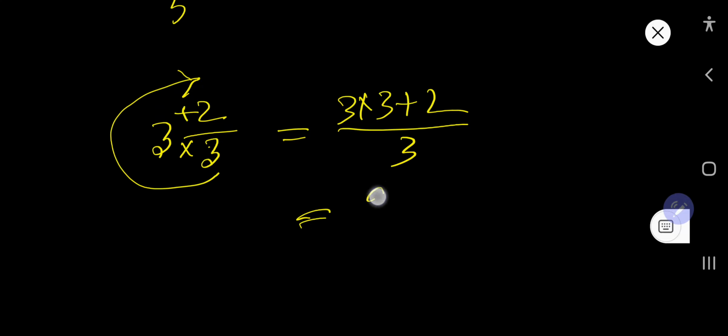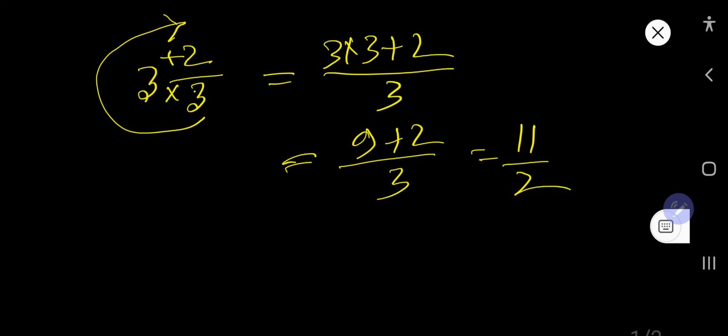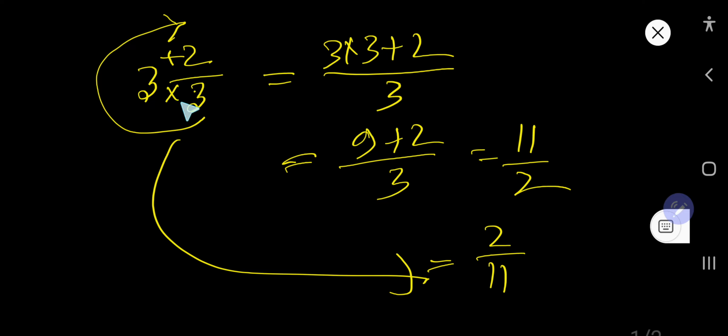So 3 times 3 is 9, plus 2, divided by 3. So 11 over 3. So this is the improper fraction of this mixed fraction. Now to find the reciprocal of this fraction, you need to flip this fraction: 3 over 11. The reciprocal of this mixed fraction 3 and 2/3 is 3 over 11.